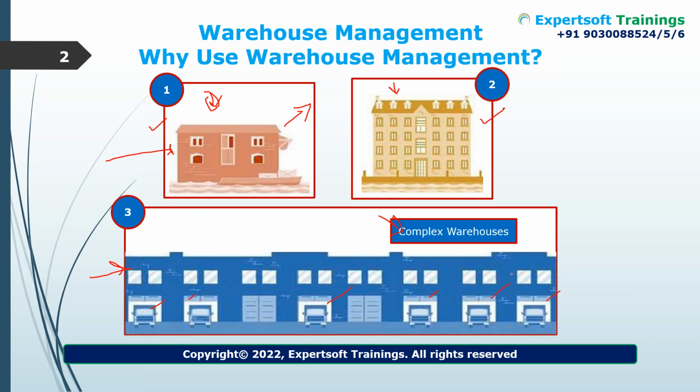Or maybe an automatic conveyor belt system is there to pick up the products, and robotic arms and all those things. So it is a very complex process. To manage these complicated processes, you need a certain warehouse management solution, which will integrate all the processes as well as integrate with other business functionality like material management, SD, FI, and so on.